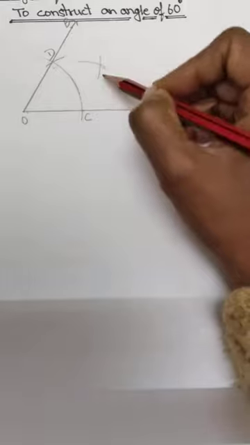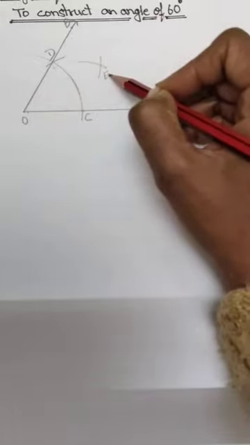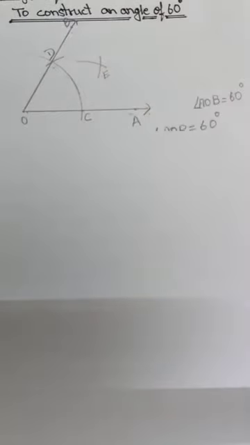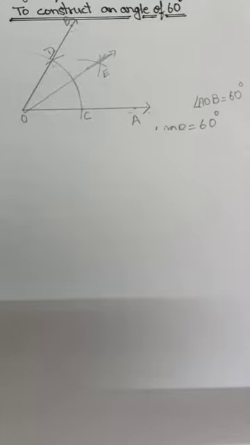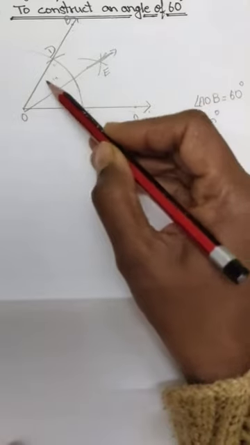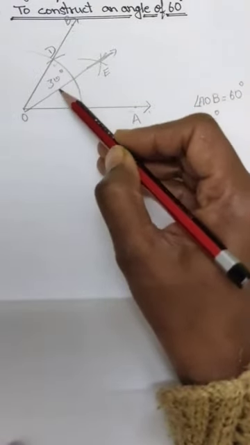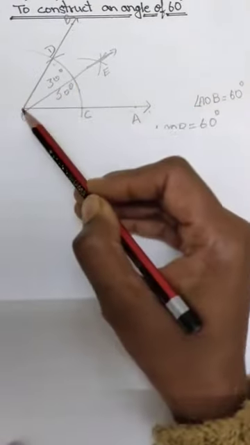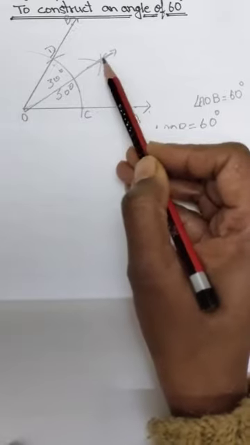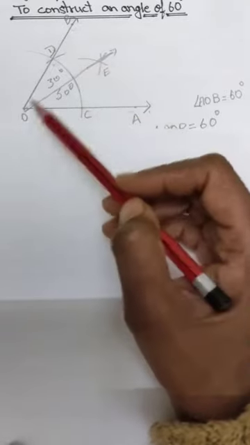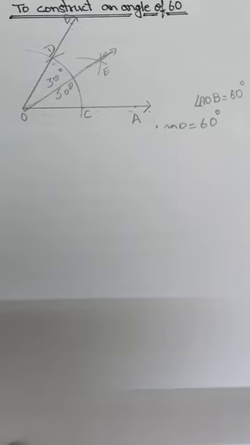Give name to this point E. Join OE. When you measure, you will see that both the angles are of 30 degree. So this OE is the bisector of angle BOA.